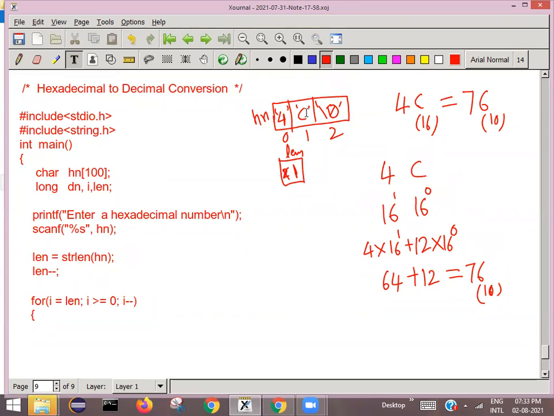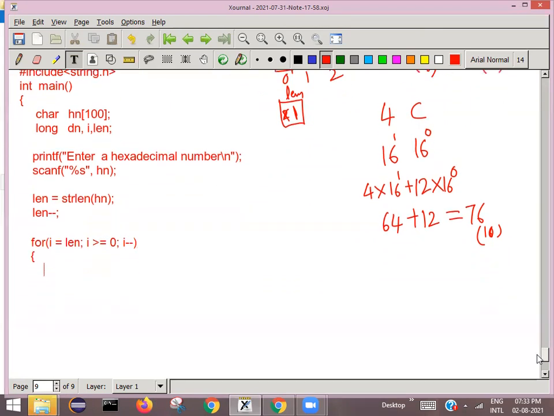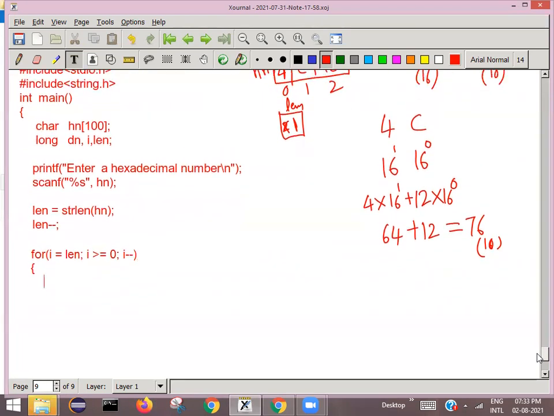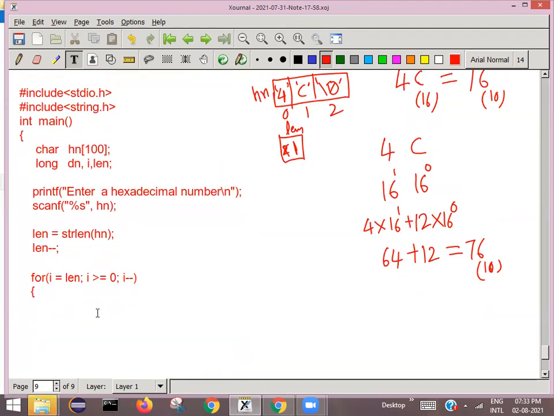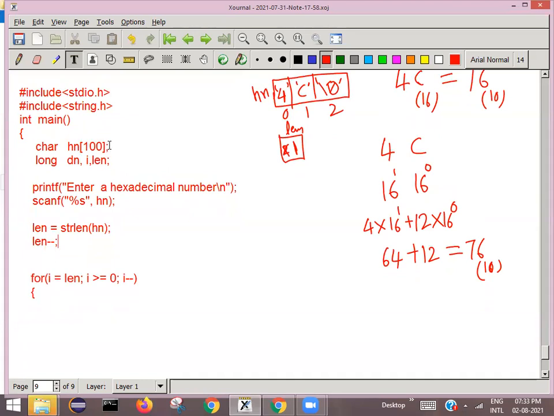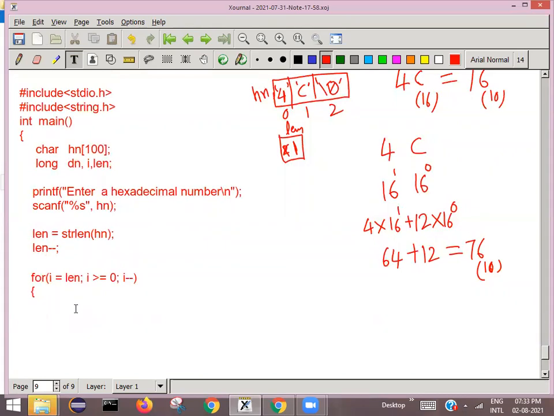So how can I get the first character here? C, I need to get. So declare a character variable here. Where is the first character? It is in hn of i.